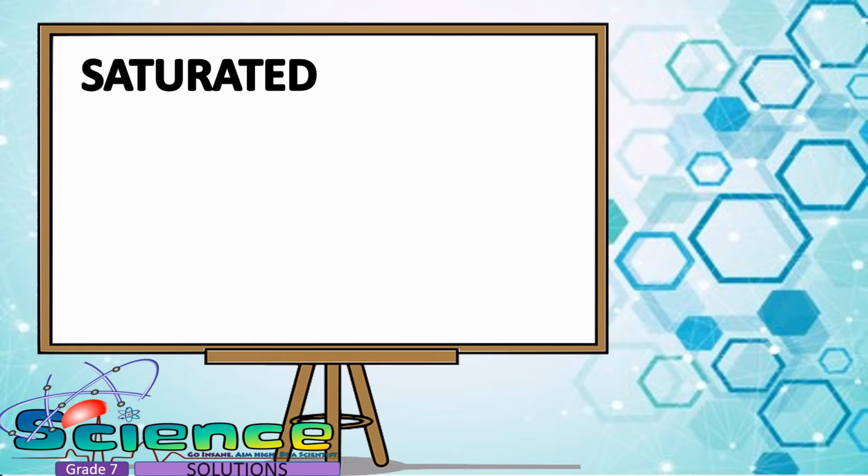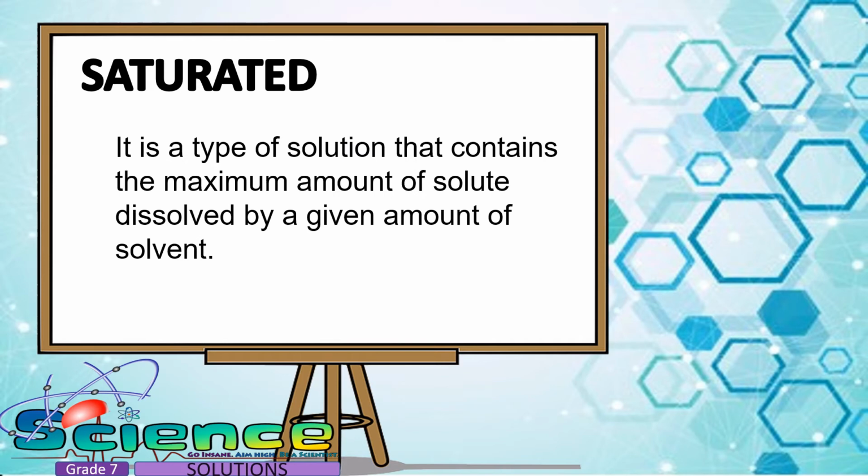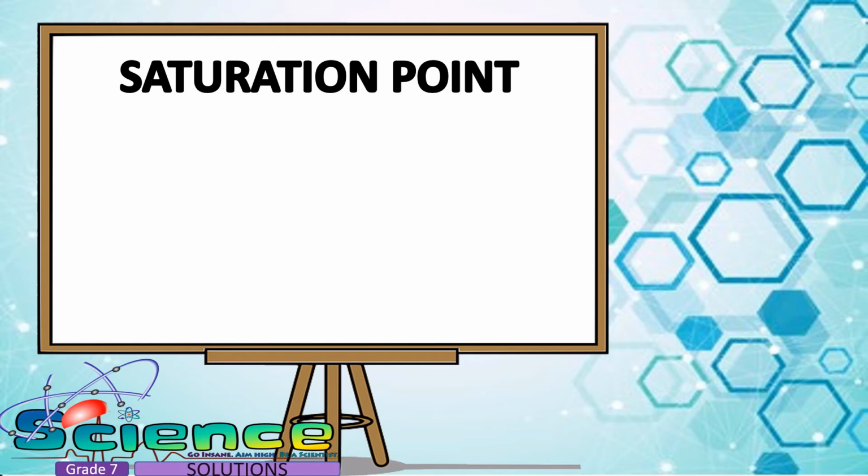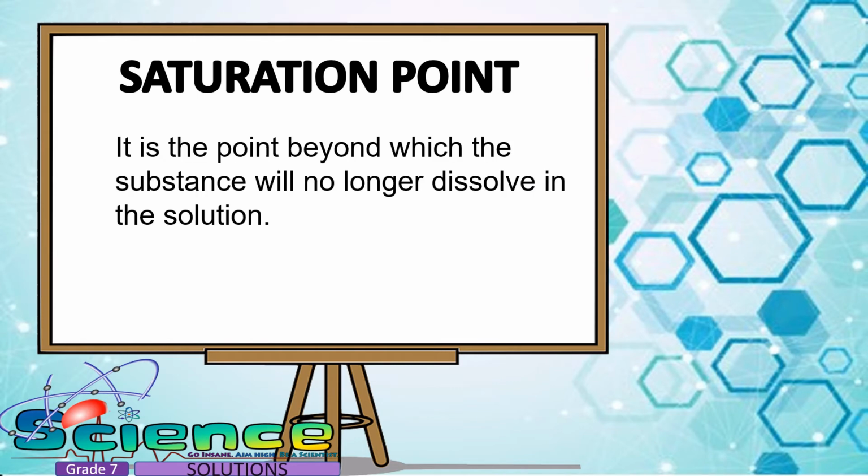When we say saturated, it is a type of solution that contains the maximum amount of solute dissolved by a given amount of solvent. Saturation point. It is the point beyond which the substance will no longer dissolve in a solution.